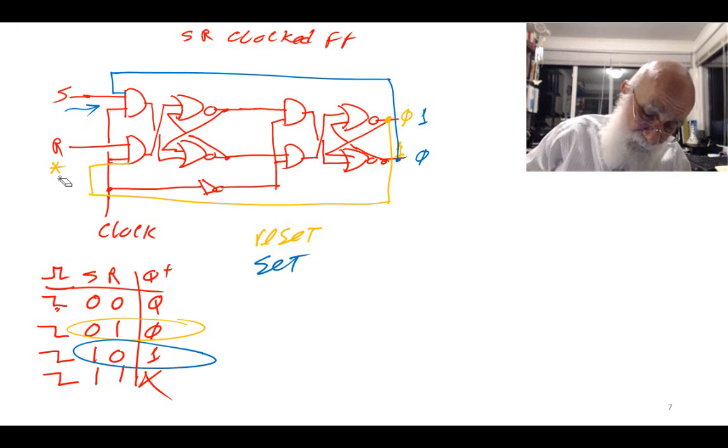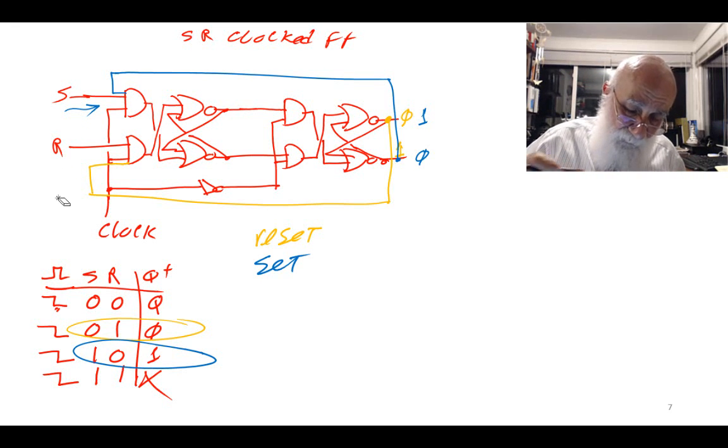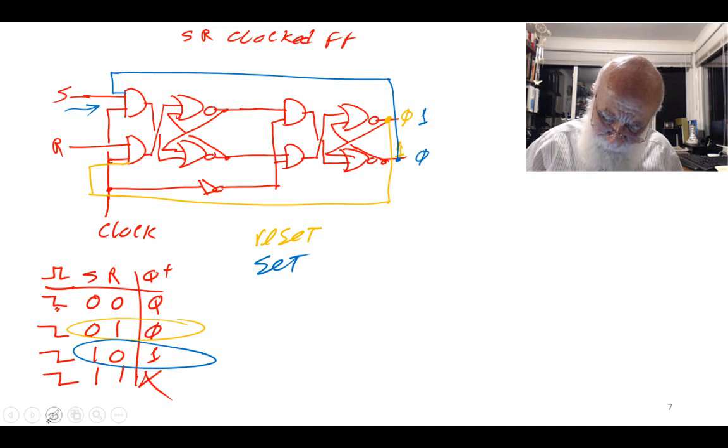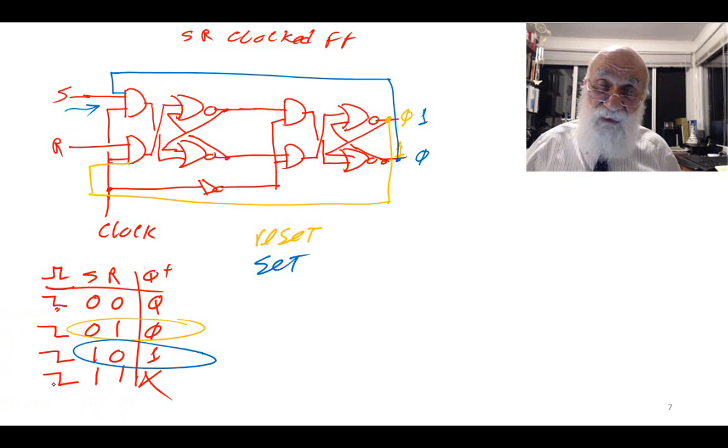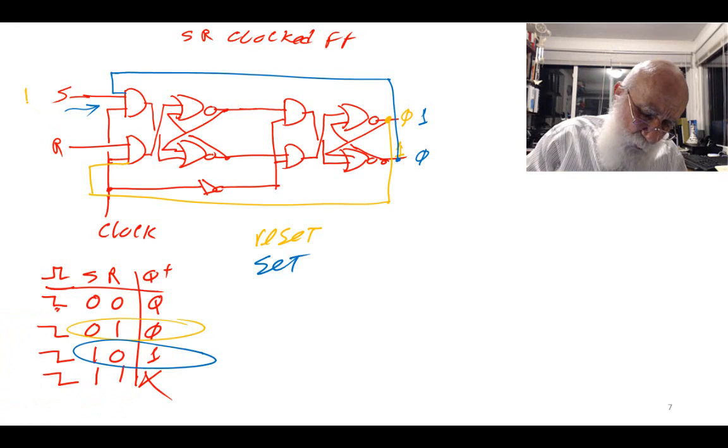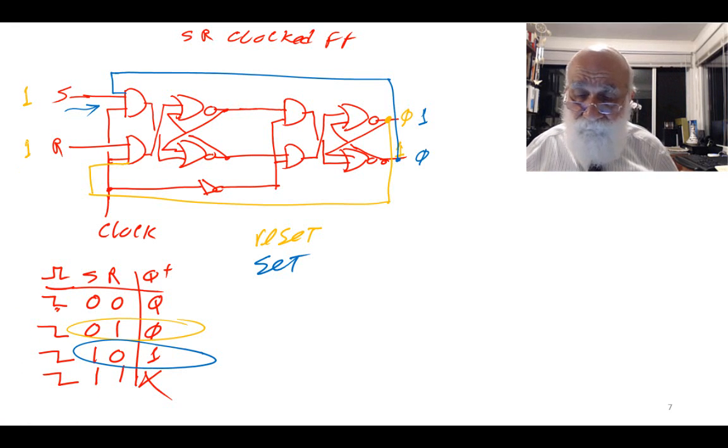But now let's look at this. What if I have a... let's go to the orange case. What if my circuit is reset, that means it's orange, and then I put a 1 here and a 1 here.